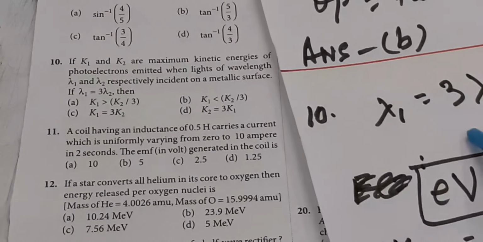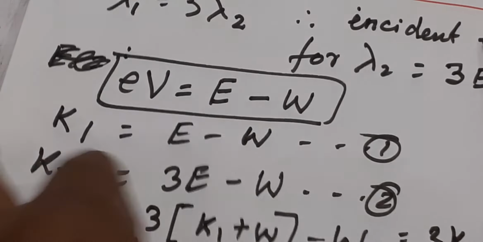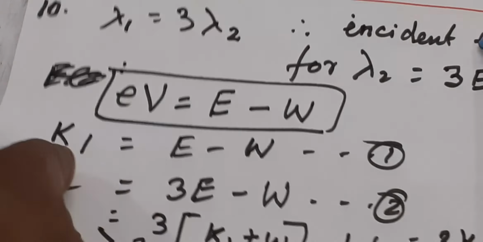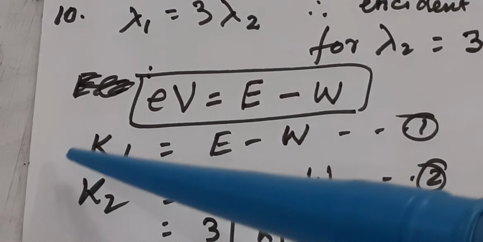Now the incident energy for lambda 2 will be 3 times E, if for lambda 1 it is only E. Now we know the maximum kinetic energy, let us talk in terms of kinetic energy. Stopping potential is not required here.